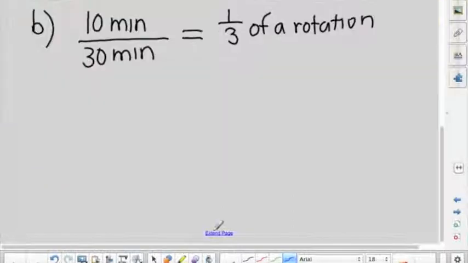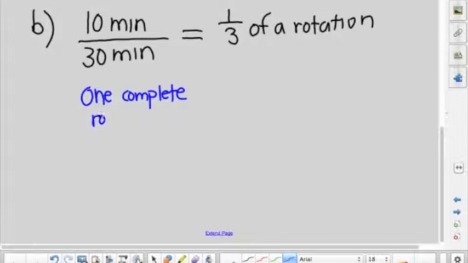Now, using the definition of circumference, one complete rotation is going to be the same as our circumference, which is 2 pi r, because remember, the circumference of a circle is what we use to generate the distance traveled around the circle.